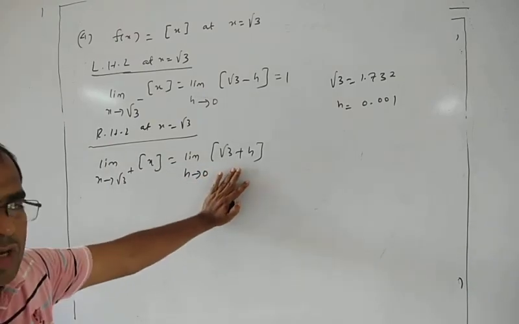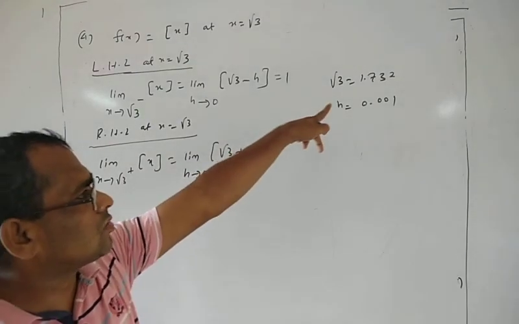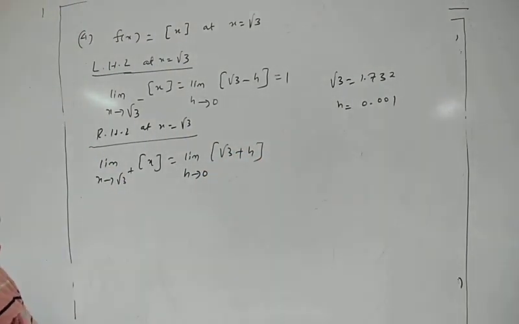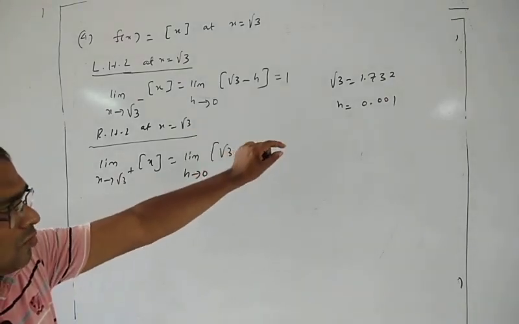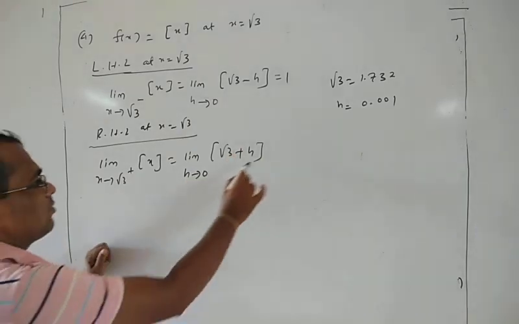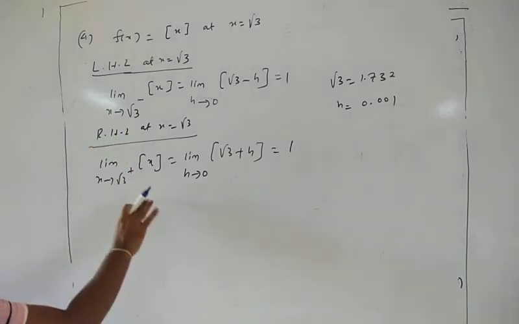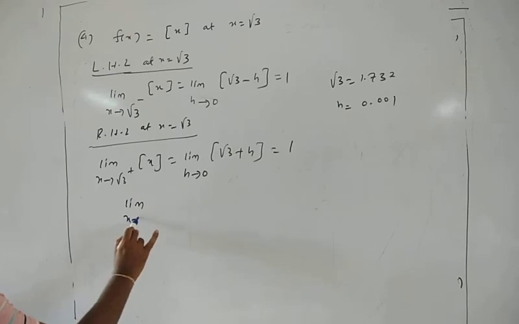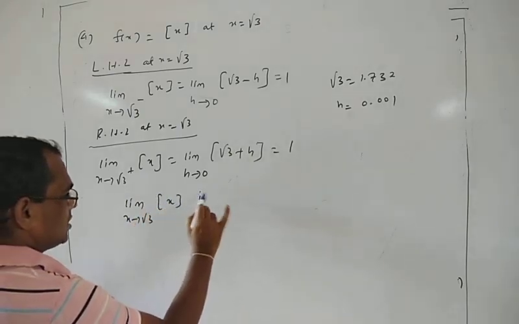The greatest integer function gives a definite value. √3 plus h means 1.732 plus 0.001, which is 1.733, so 1 point something. The bracket function is also 1. Here LHL is equal to 1 and right hand limit is 1, so limit x tends to √3 of the greatest integer function bracket x exists.